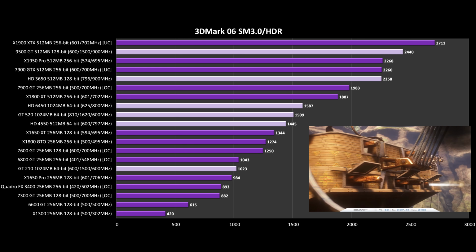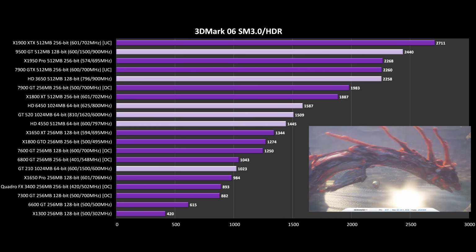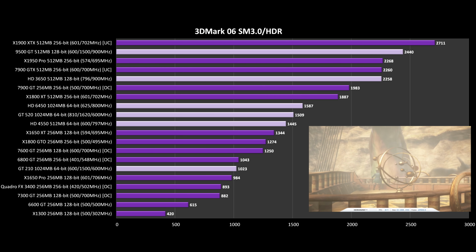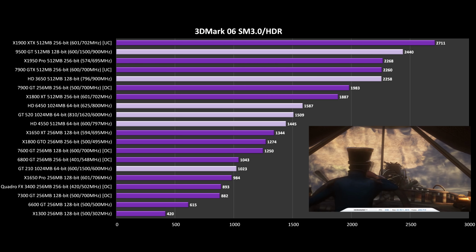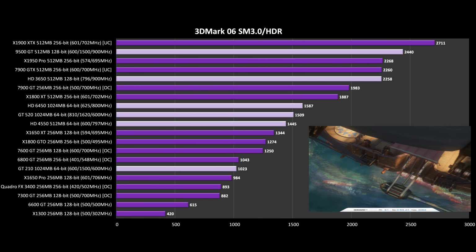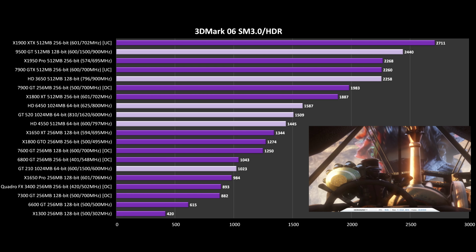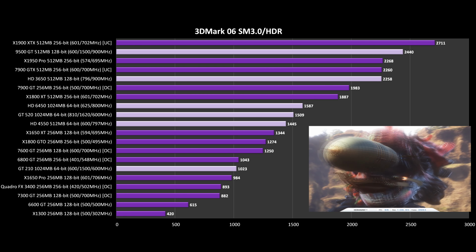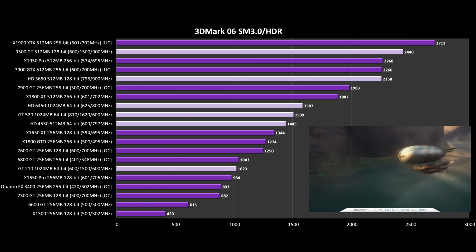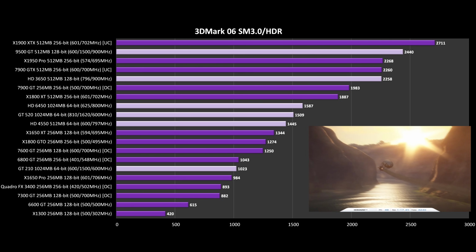HD 6450, GT 520 and HD 4550 place in the middle of the chart, with GT 520 being faster than 4550 by 4.5% and HD 6450 being faster than GT 520 by 5%. Slowest of the three, 4550, is 7.5% faster than X1650 XT.